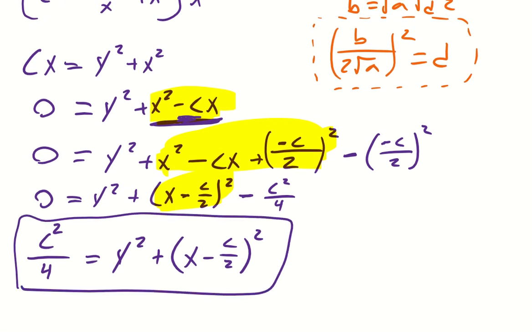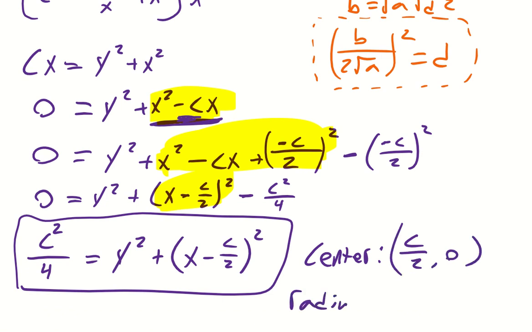So what's the center? We would have (c over 2, 0). What's the radius? It would just be c over 2, right? What's the diameter? It would have to be c, like we saw with the graph.